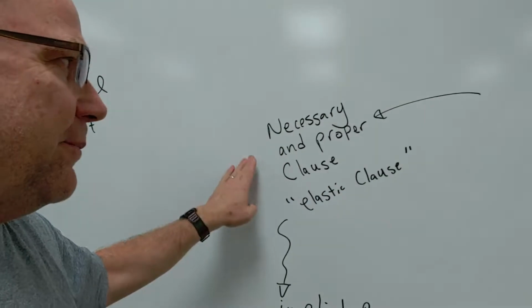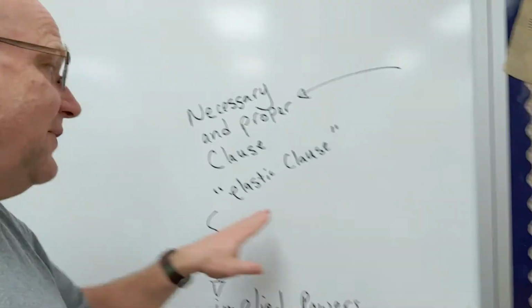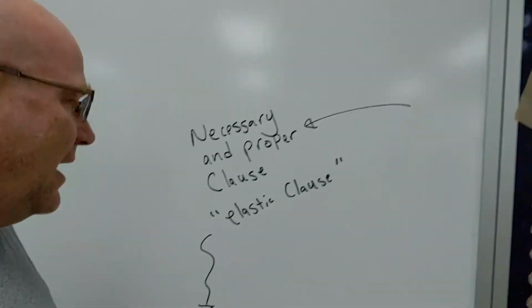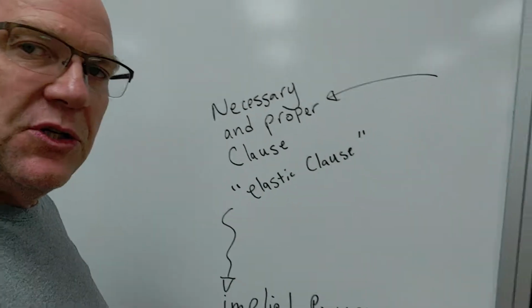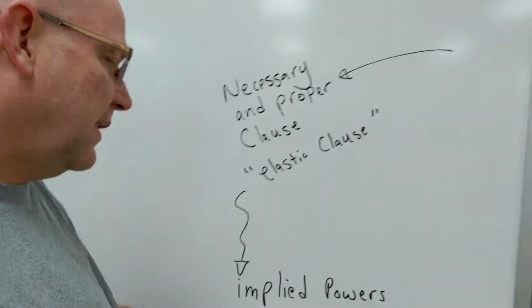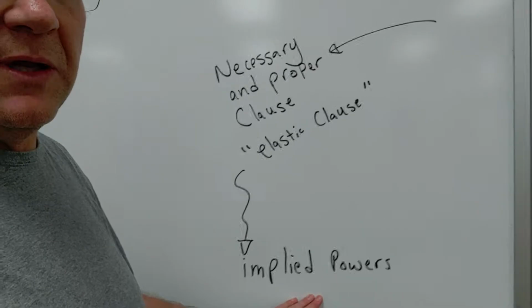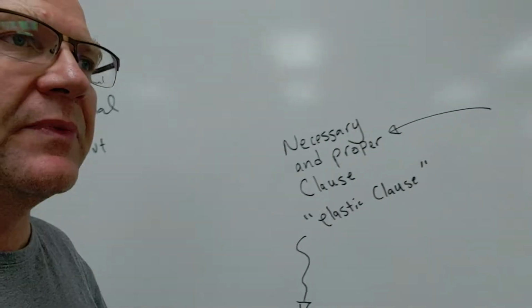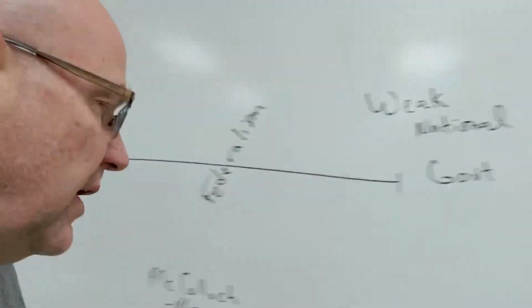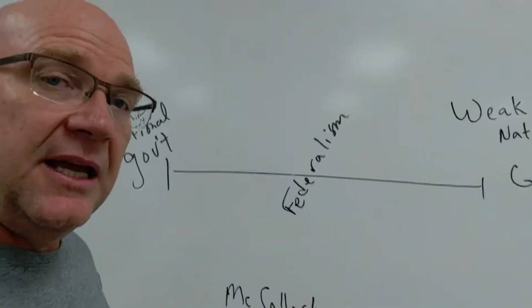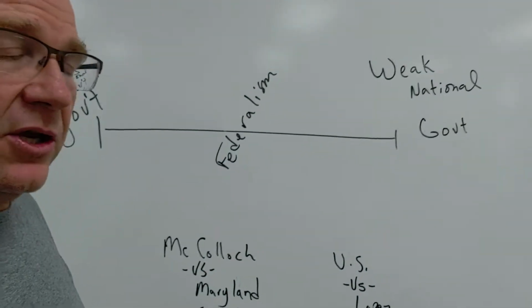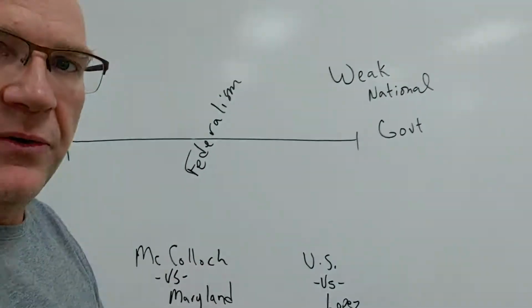And that necessary and proper clause, sometimes called the elastic clause, creates something called implied powers. Okay. And so, in the case of McCulloch versus Maryland, it agreed that a national bank could be started under the implied powers.